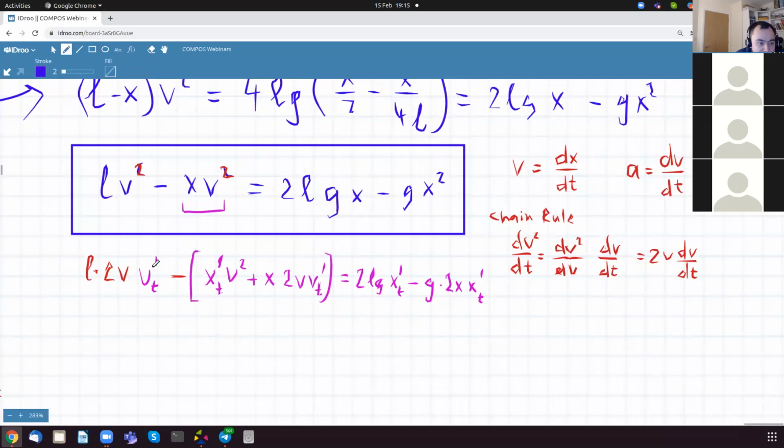And from here, well, this is acceleration.